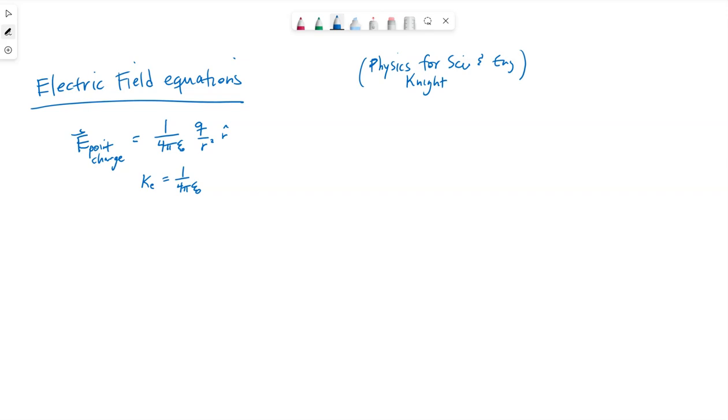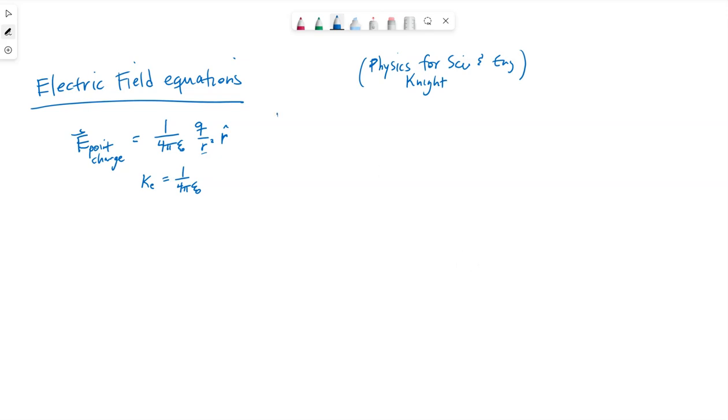Q being the amount of charge on that point charge, R in the denominator being the distance from the point charge out to where we're trying to find the electric field. And then R hat dealing with that radial direction. The electric field either points radially away if the charge is positive, or it points radially towards if the charge is negative.